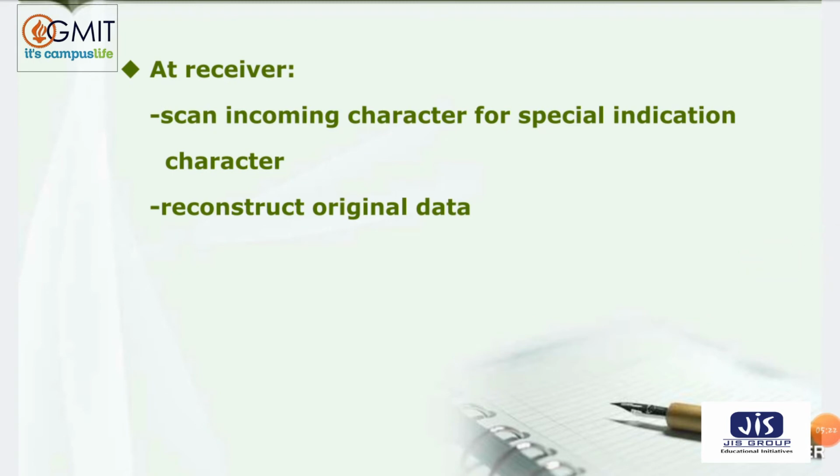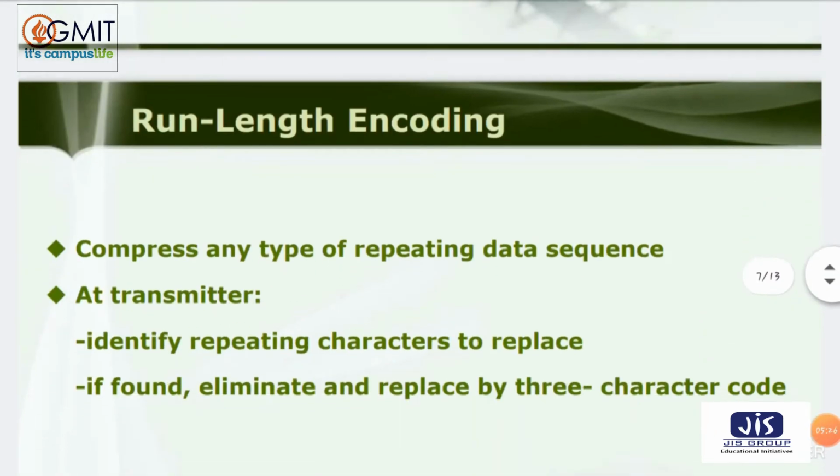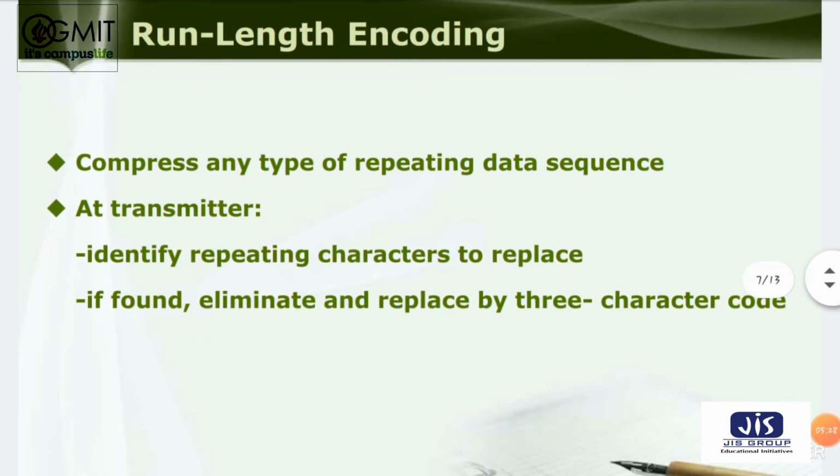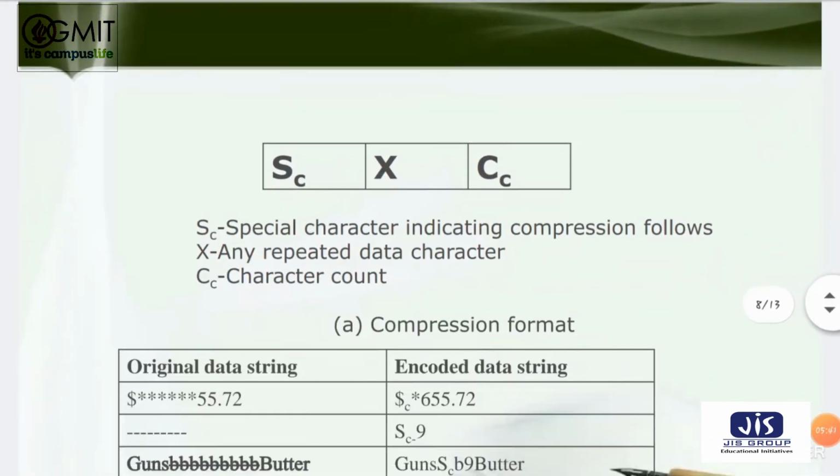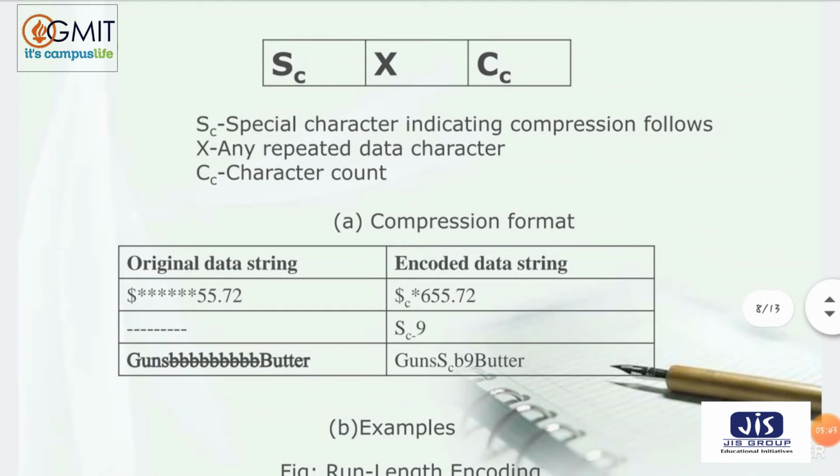At the receiver, it scans the incoming characters, finds the special character, and reconstructs the original data. Run length encoding compresses any type of repeating data sequence: at the transmitter, it identifies the repeating characters and replaces them. You can see the example I have already discussed.